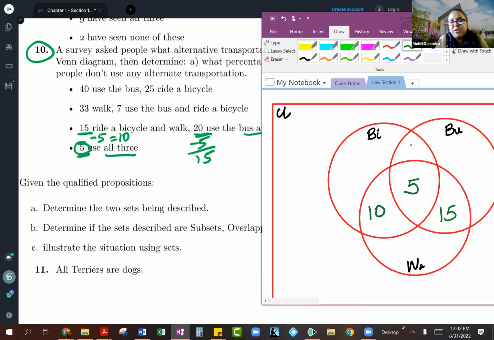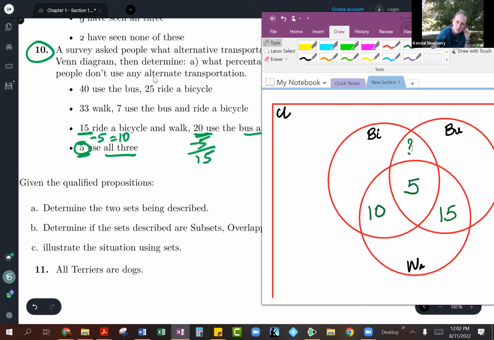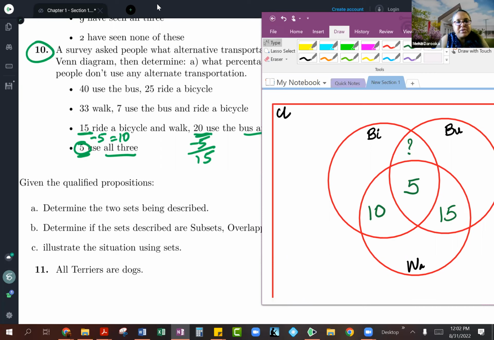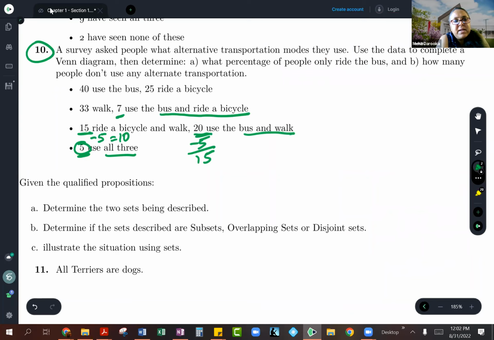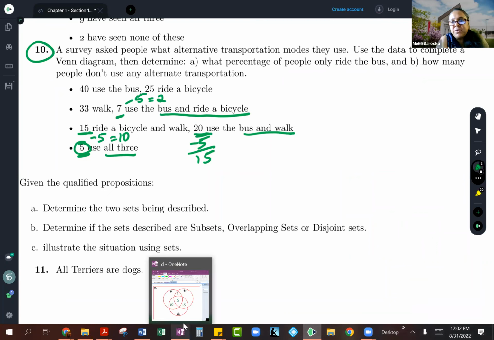So what number do you think we will put in here between bicycle and bus? 2. I'm sorry, would you say that again? 2. Yeah, same thing, because you have to subtract the 5 again in this case. So you can see over here, they're telling us 7 people are using the bus and the bicycle. So same thing, subtract 5 from that for the all 3 category, and that leaves you with the 2.